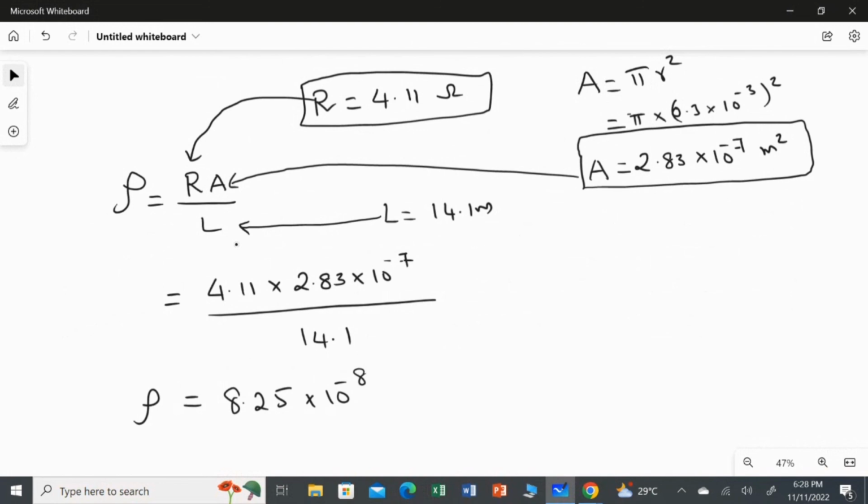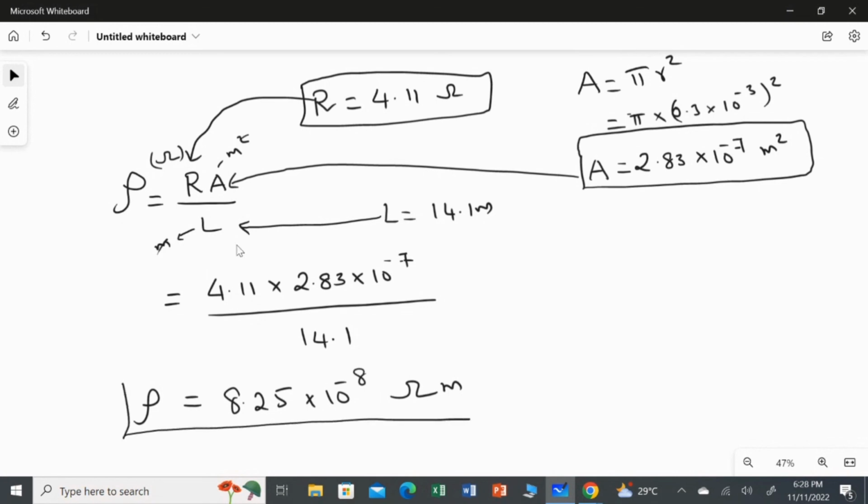And what is the unit for the resistivity? Which is ohm meter. You can apply the rule for the unit of each parameter. The unit for the resistance is ohm, the area unit is meter square, and the length unit is meter. So meter gets cancelled with this, and finally you'll get ohm meter.